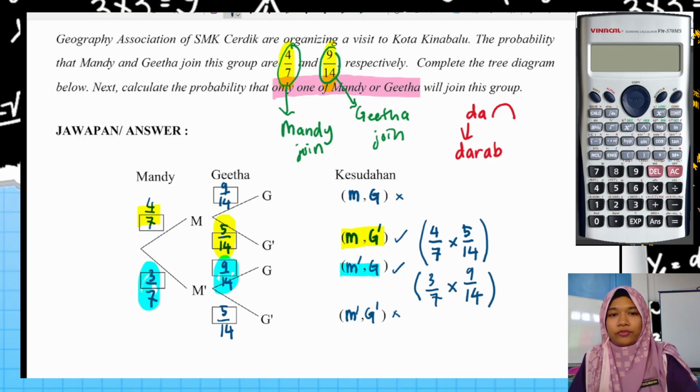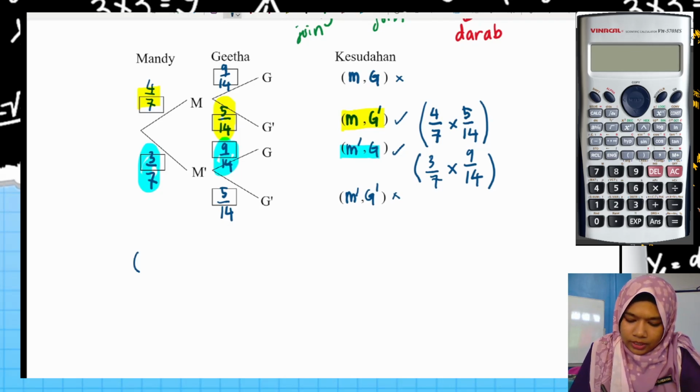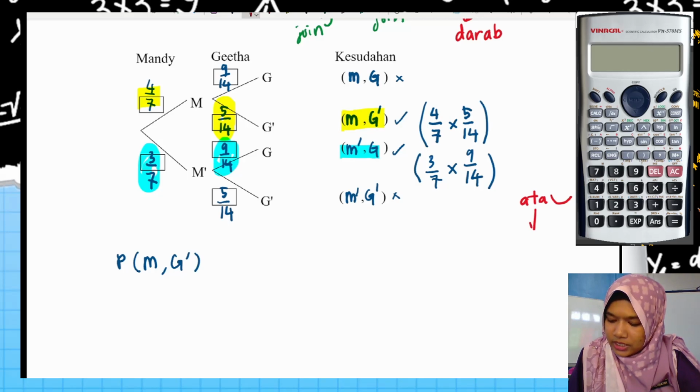Okay, now you have two possible outcomes here. Probability M, G complement, Gita tak join, or atau. Okay, or is atau tambah.